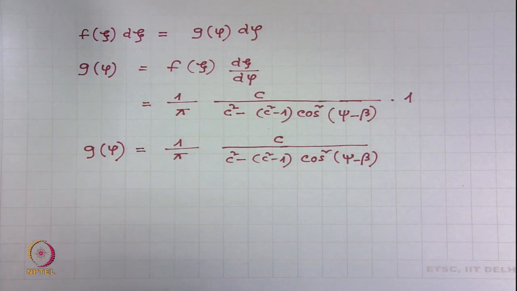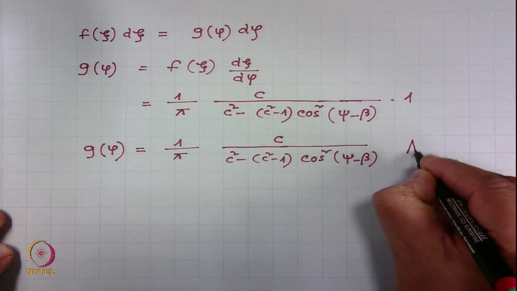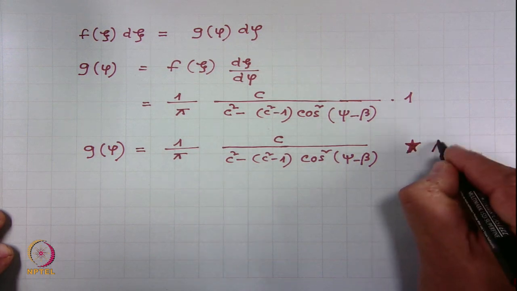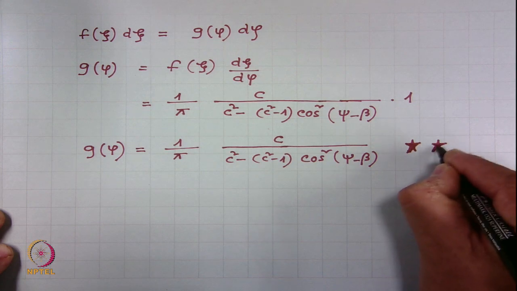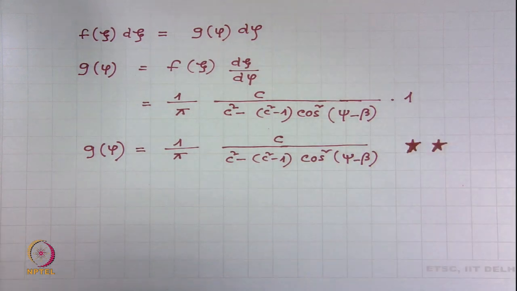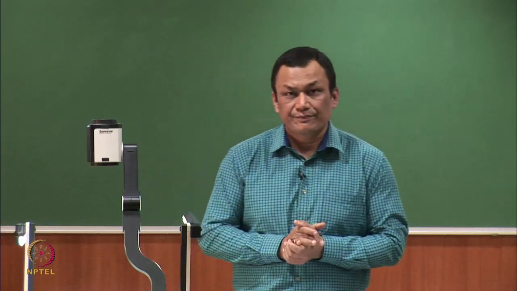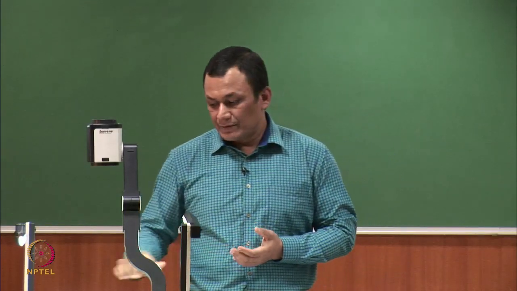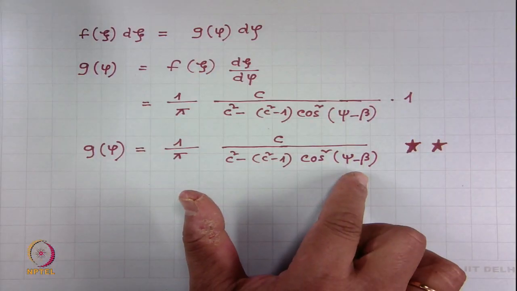So, this is the most generalized expression of this angle. When the preferential direction matches with the y axis, at that time beta is equal to 0.